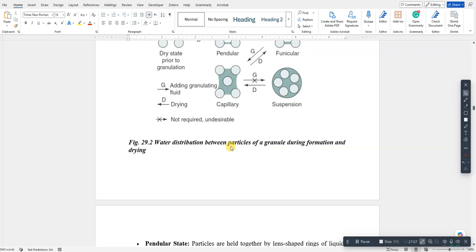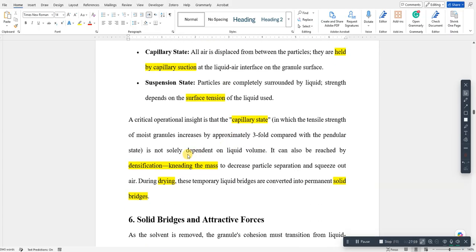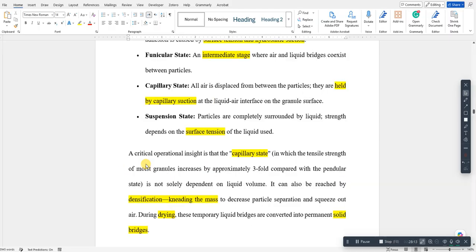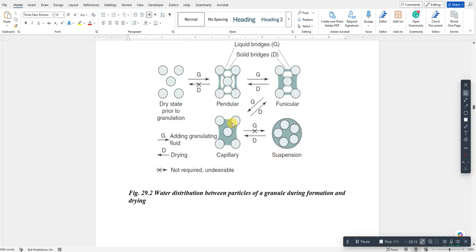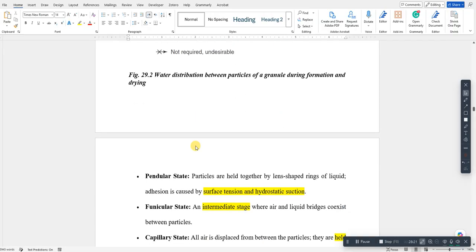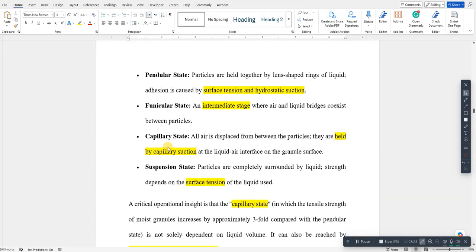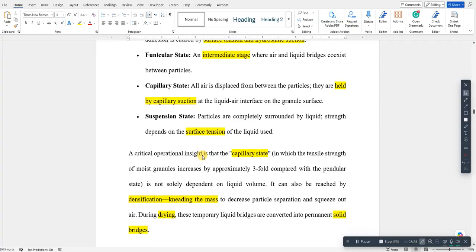But the other way is through kneading or mixing the mass. While mixing, the particles get closer to each other, and this can result in densification. When the particles become closer to each other, they will eliminate the spaces between the particles, causing it to reach the capillary stage.